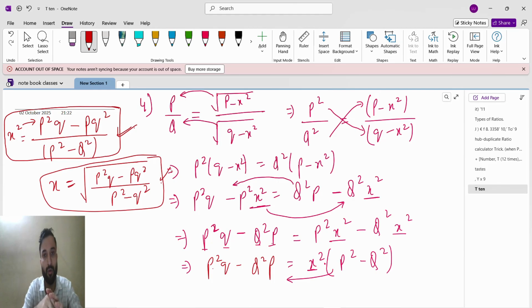How they have given the option, we have to write according to that. If they ask for x, the square will go that side and become a square root. If x square, we will write it as it is. So everything depends upon the option, but you get to know how to solve this, right?